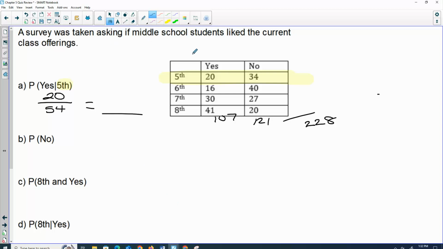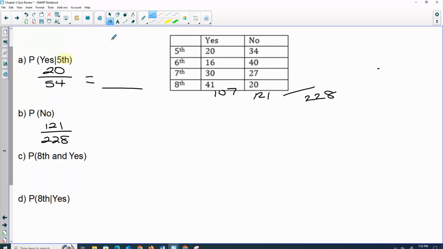The probability of no. How many no's are there? Out of? The probability of eighth and yes. So how many were eighth and yes? 41 out of the total.